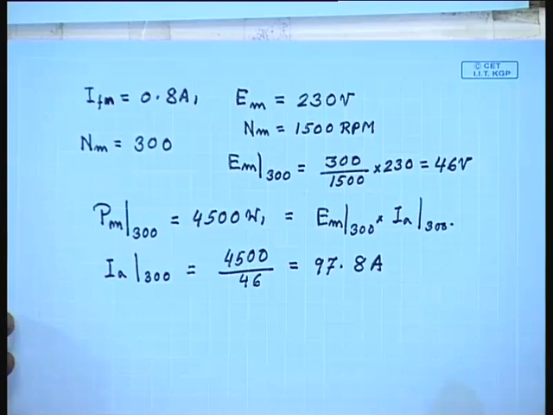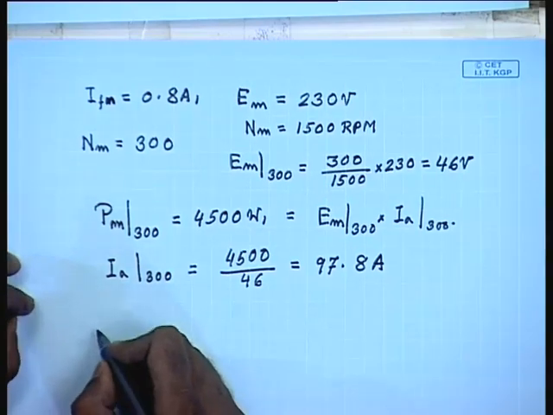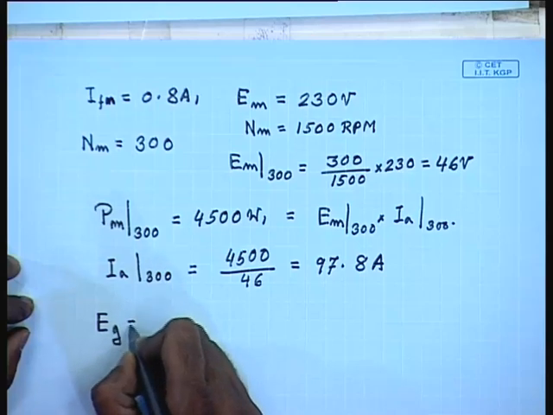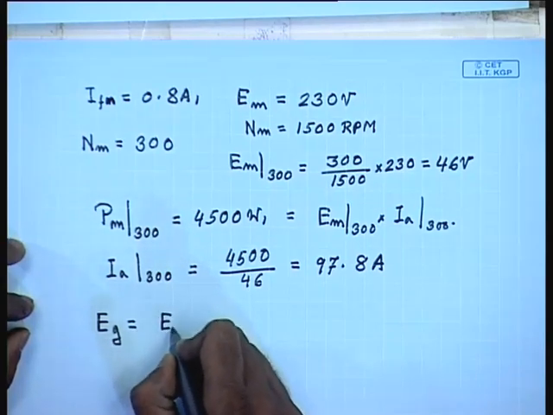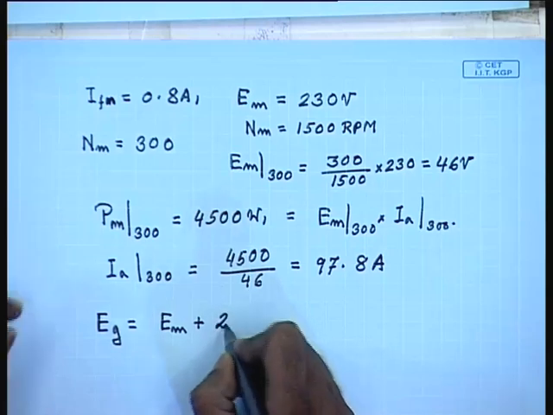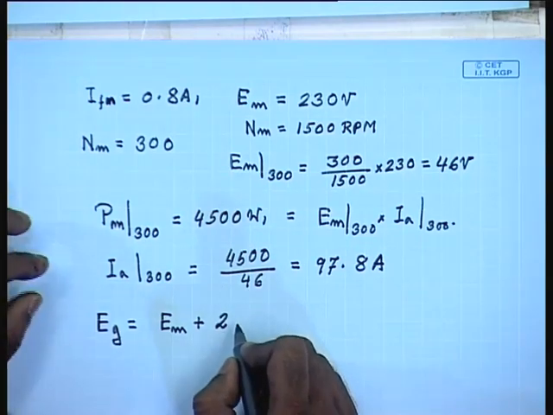So, what is the generator voltage? Eg equal to E of motor plus drop across both the armature resistance of the motor and the generator.